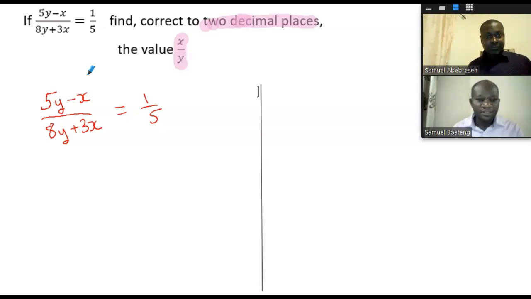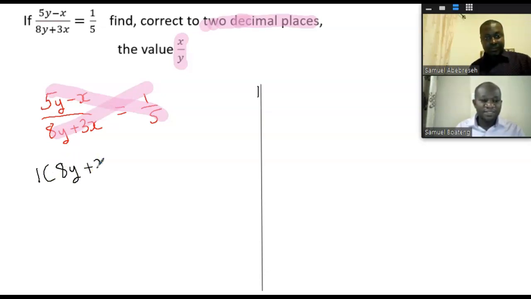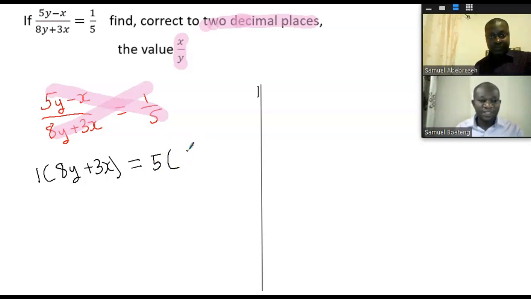Let's cross multiply. On the left side, we have 1 bracket open 8y plus 3x equal to 5 bracket open 5y minus x.